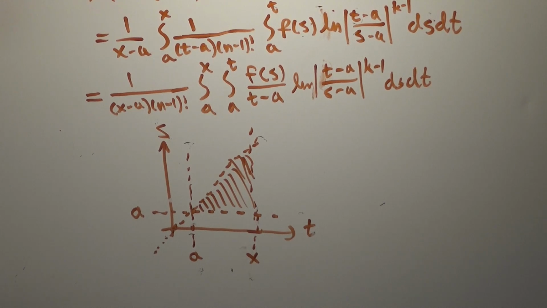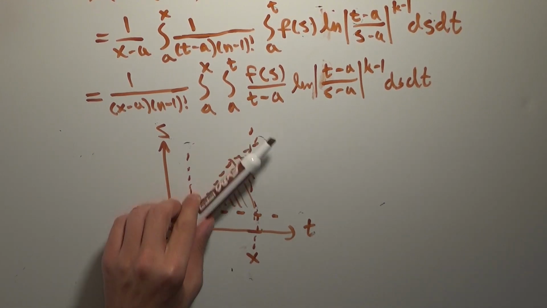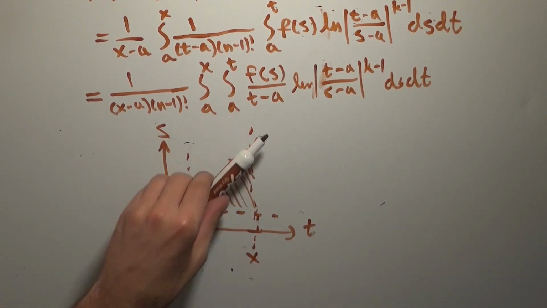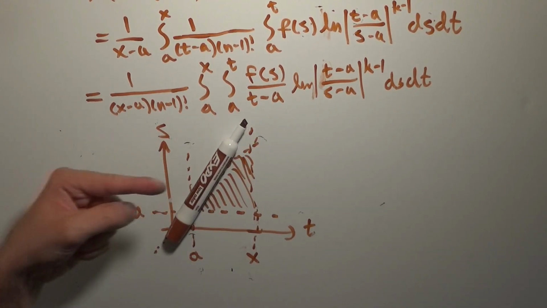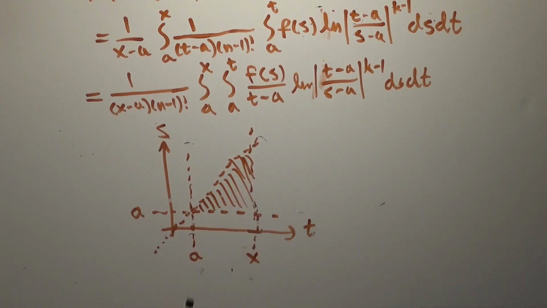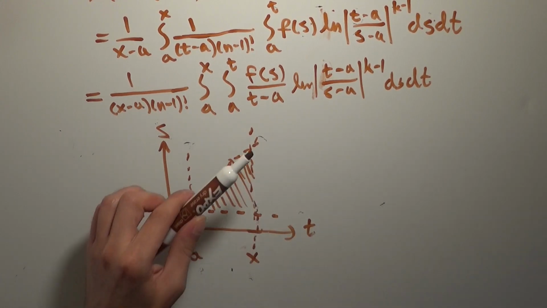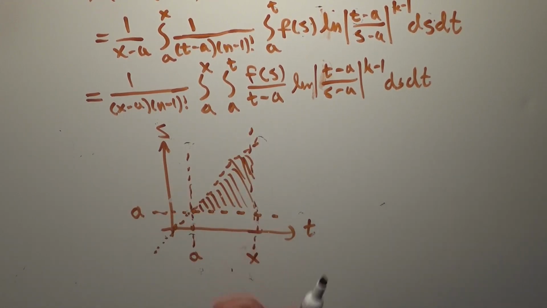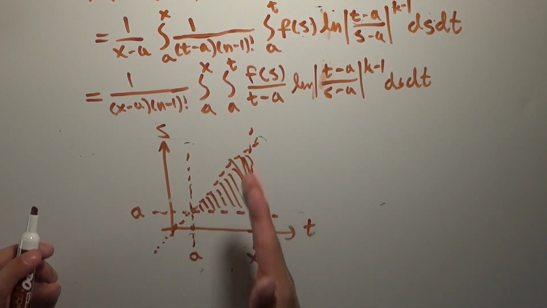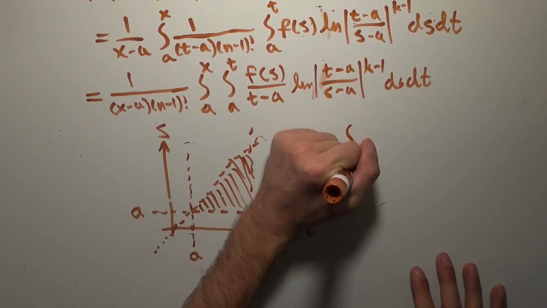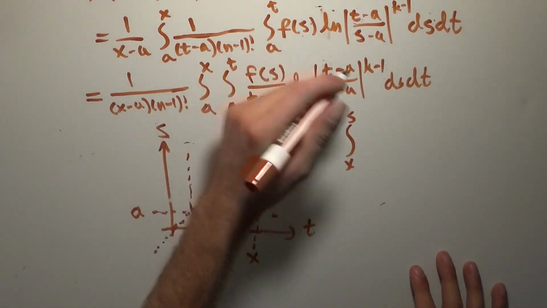So we need to think, okay, I'm going from this function as a function of t, as a function of s. We're now looking at this way, from here to here. So we're actually going from s to x if we consider our integration over t first.